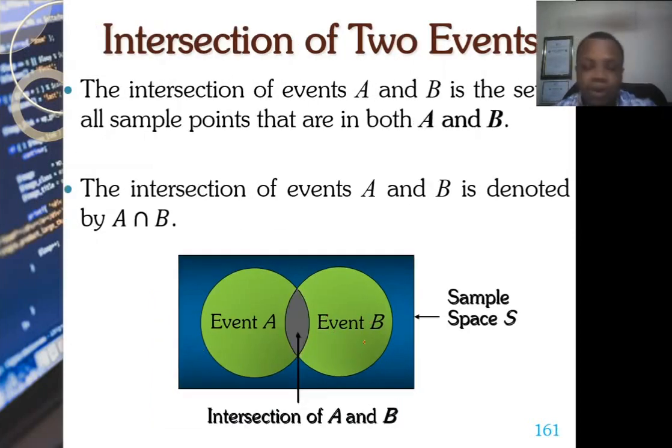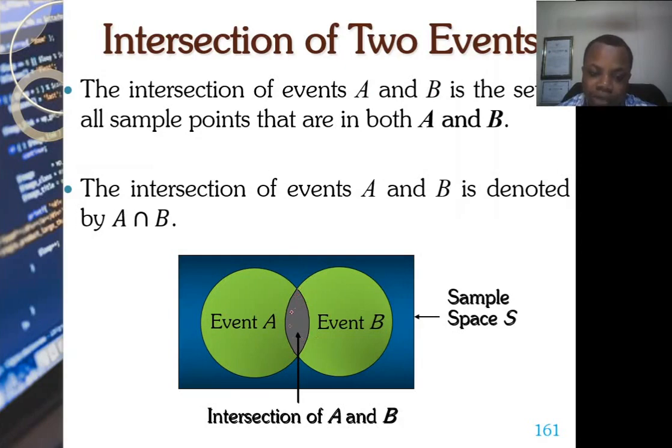You could also look at their intersections, whereby this intersection refers to the elements that two events have in common. So suppose that we have event A and event B, and we would like to look at their intersection. This intersection refers to the points or outcomes that these two events have in common.